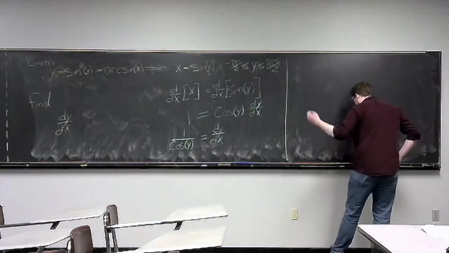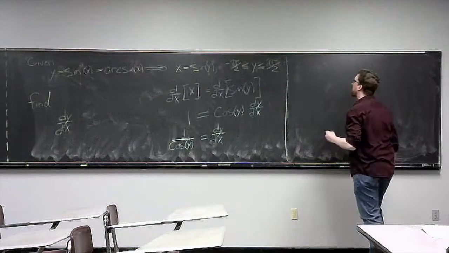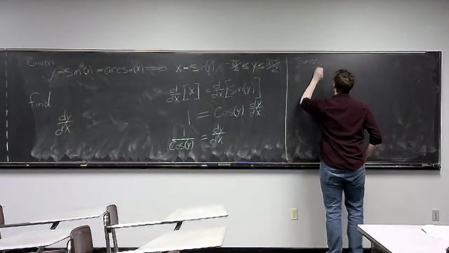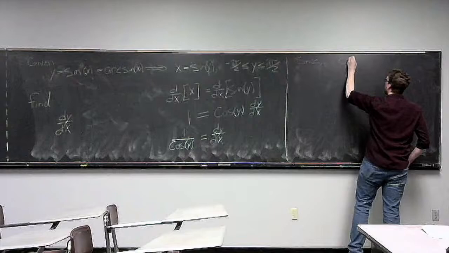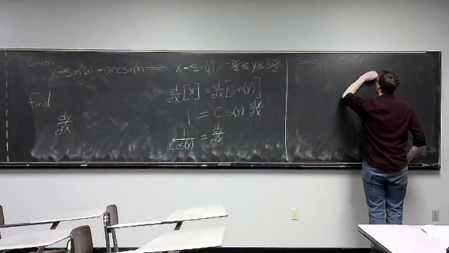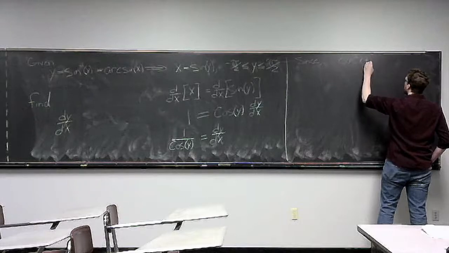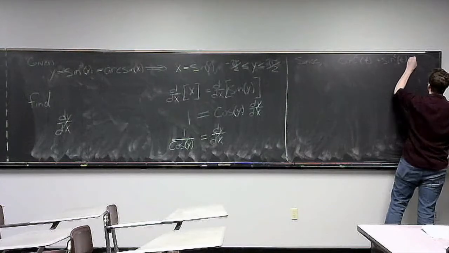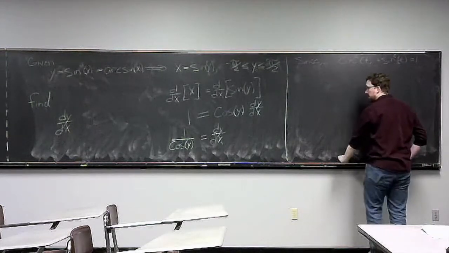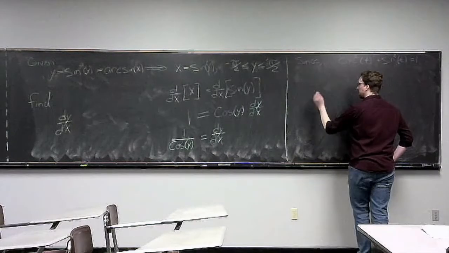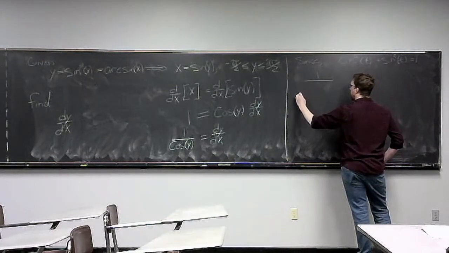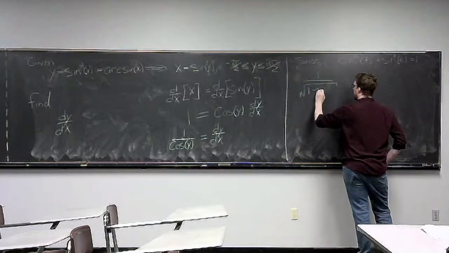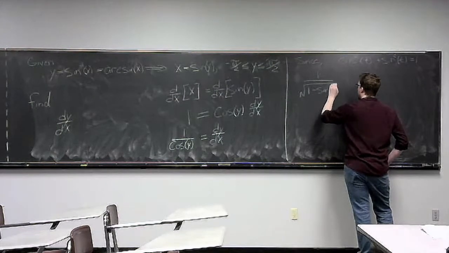Since cosine squared of t plus sine squared of t is equal to 1, we can rewrite this as 1 divided by the square root of 1 minus sine squared of y.